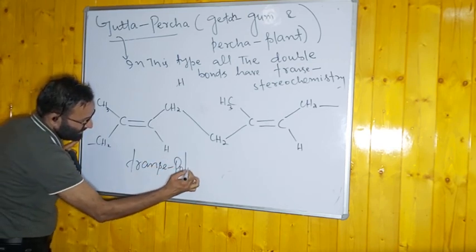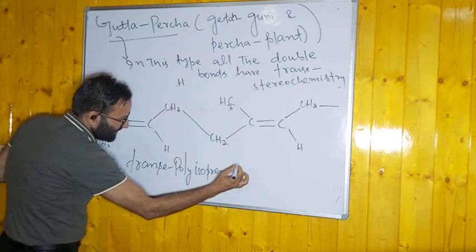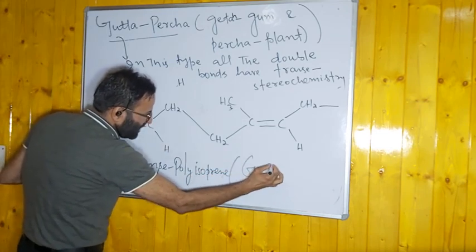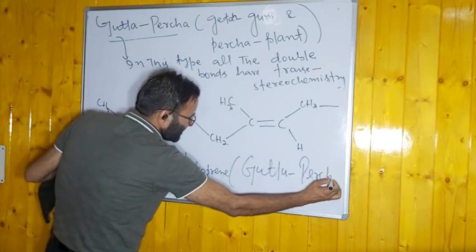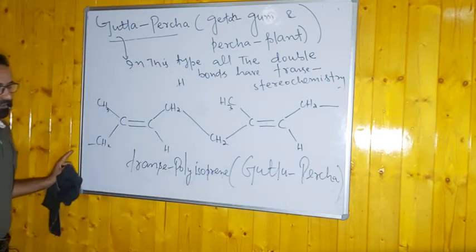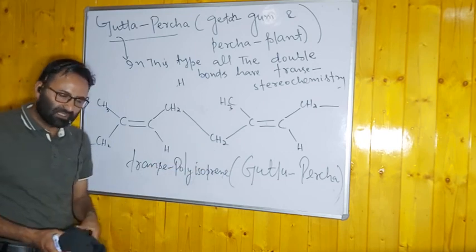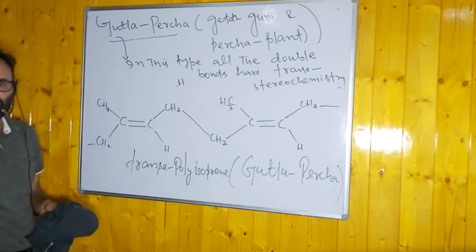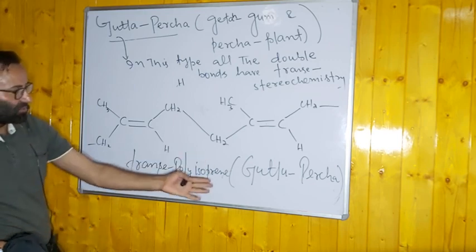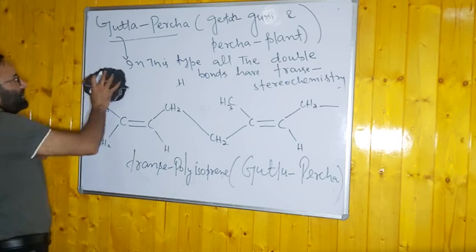And this form, trans polyisoprene, is known as gutta-percha. It is a common isomer of natural rubber. In simple words, you have to remember what the orientation is in natural rubber. It is cis form, cis polyisoprene. And gutta-percha is trans polyisoprene.